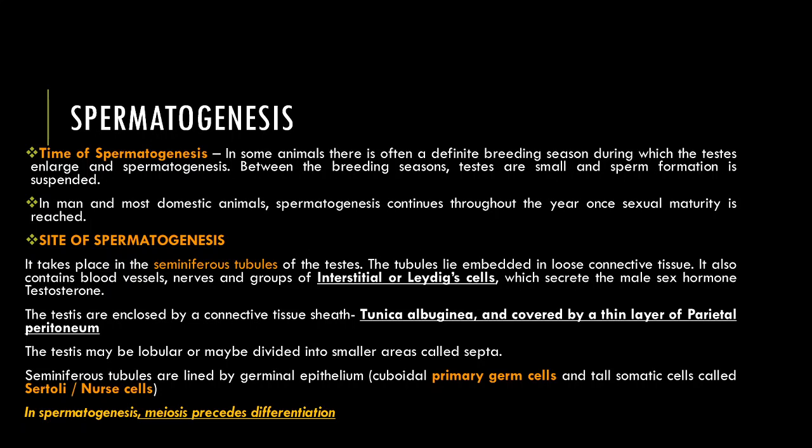The germinal epithelium consists of the germ cells or the primary germ cells, which are cuboidal in shape, and tall or columnar somatic cells, which are the Sertoli cells or the nurse cells. Now students, you have to remember, in spermatogenesis, meiosis precedes differentiation. That means meiosis occurs first and then differentiation occurs.